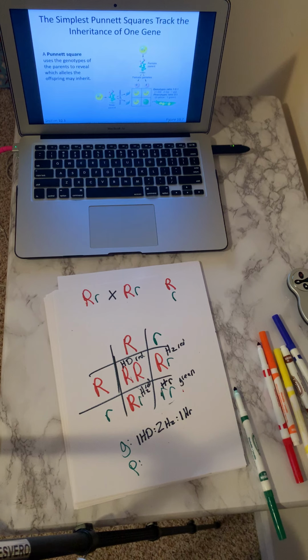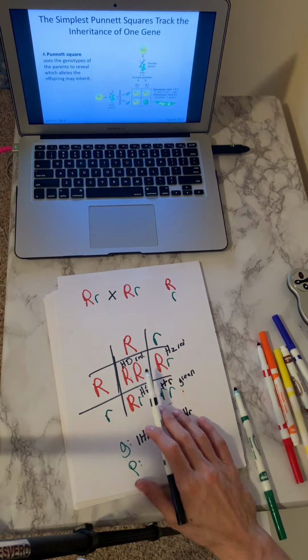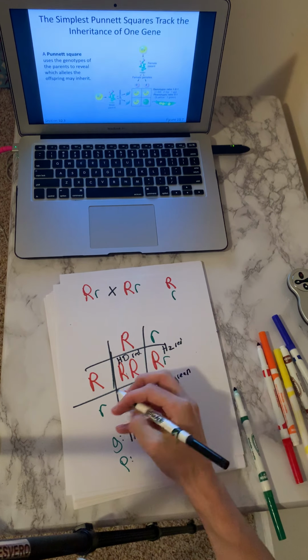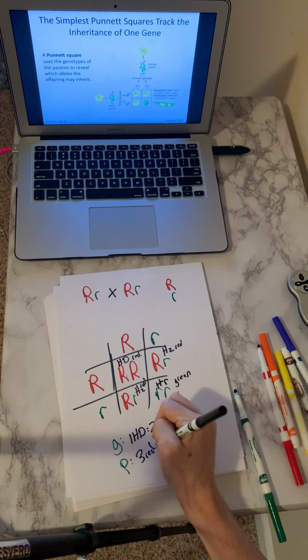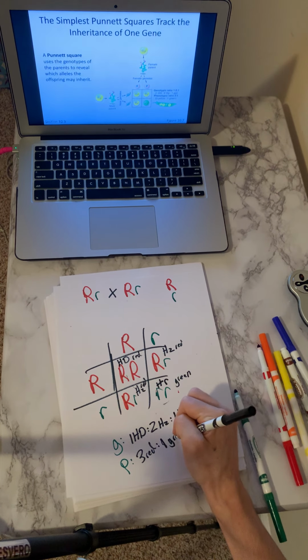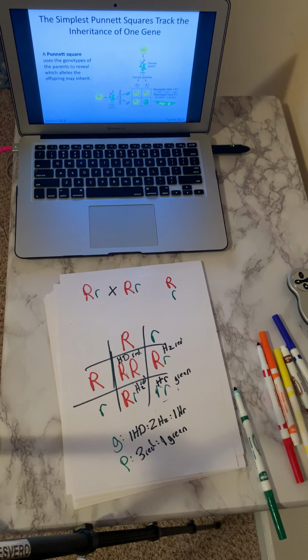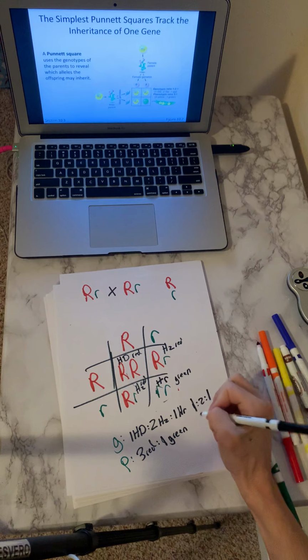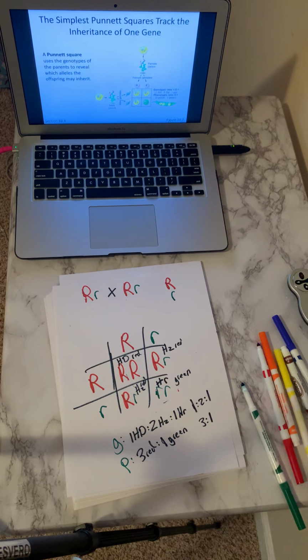So let's talk about our phenotypic ratio. What do these guys look like? Well, our phenotypic ratio, how many red ones are there? 1, 2, and 3. So 3 red. 2, how many other colors? Just 1. 1 green. So the ratio here is 1 to 2 to 1 and 3 to 1.